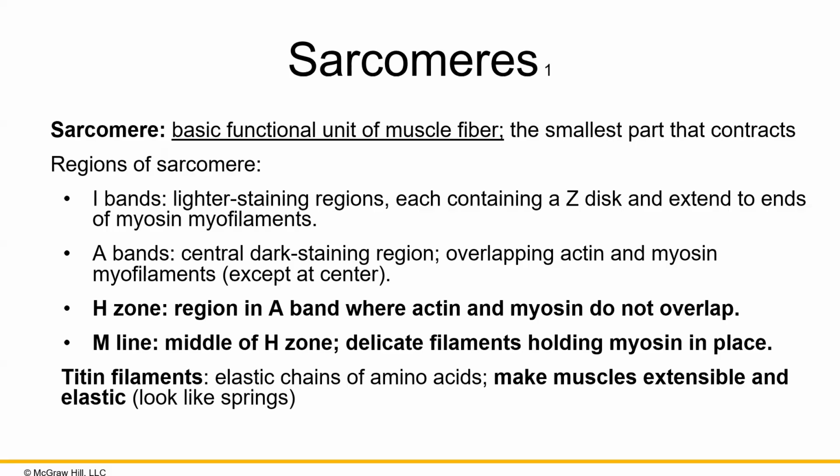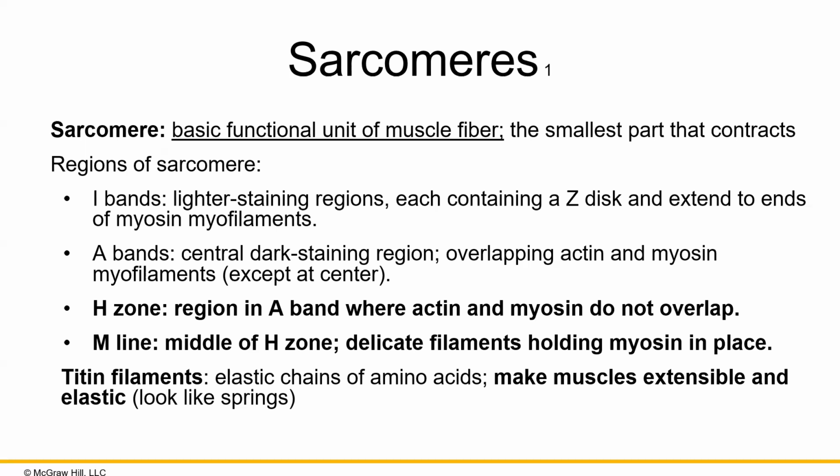We do have some other filaments and proteins that help make up our sarcomere. So our actin and myosin are the contractile proteins, but we do have other filaments contributing. So titin is one of those. And this is a protein that goes with a couple of the characteristics we talked about in part one. So it makes muscles extensible.